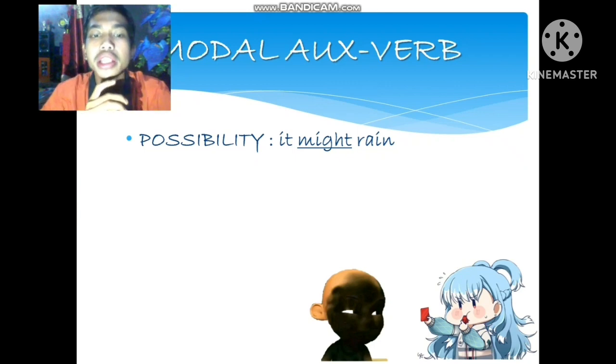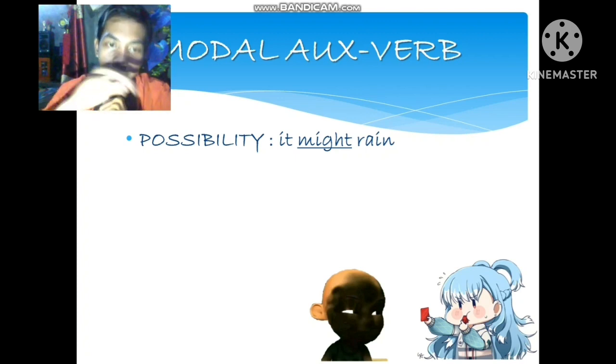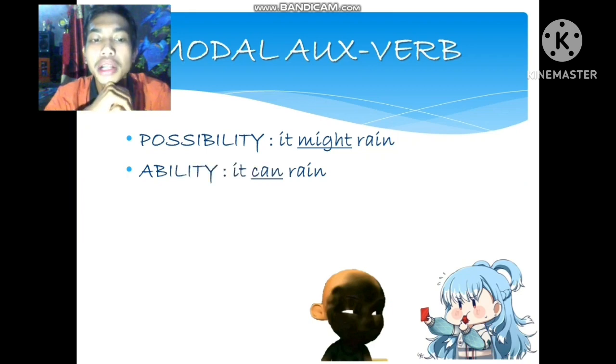In Indonesian, it means sekarang mungkin hujan. It's a sign of possibility. And the second is a sign of ability. It can rain. In Indonesian, it means sekarang bisa hujan. Bisa is a sign of ability.